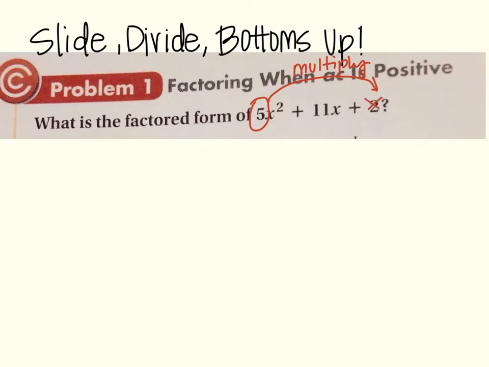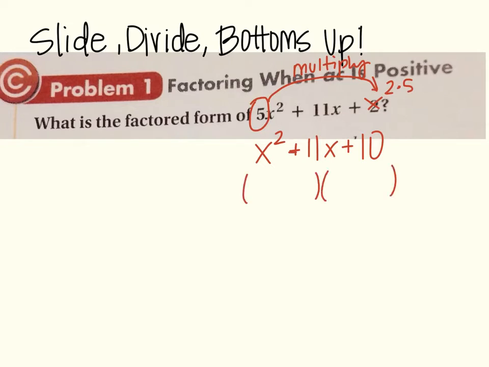So this is now going to become 2 times 5. That way our leading coefficient can be 1, and then we've rewritten our trinomial to x squared plus 11x plus 10. Then we're going to factor, just like you've learned in the last section.